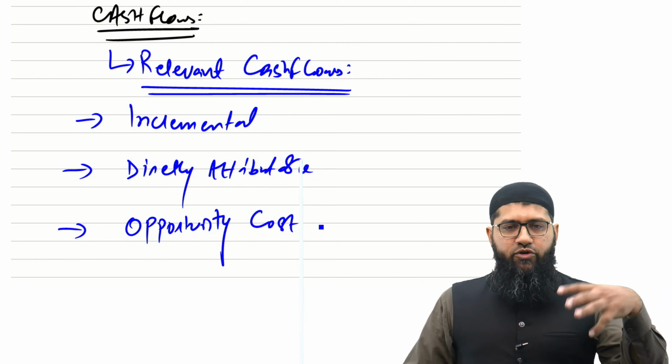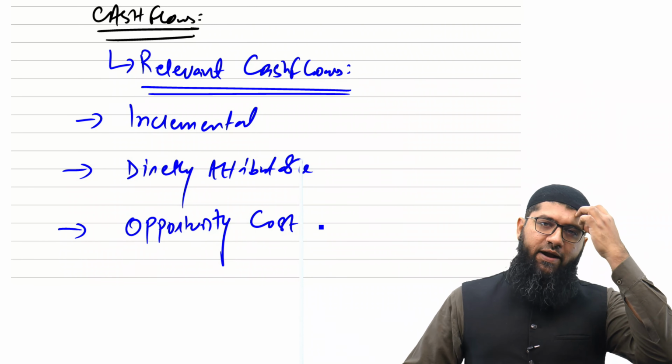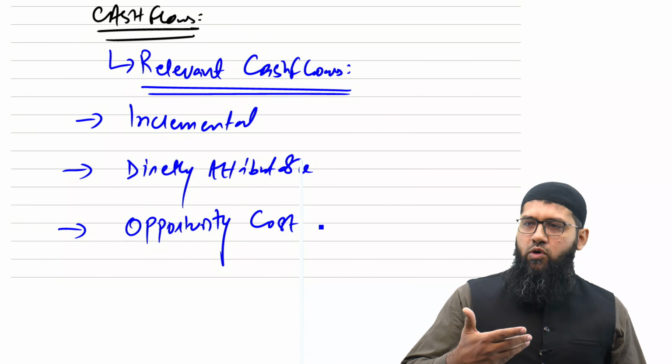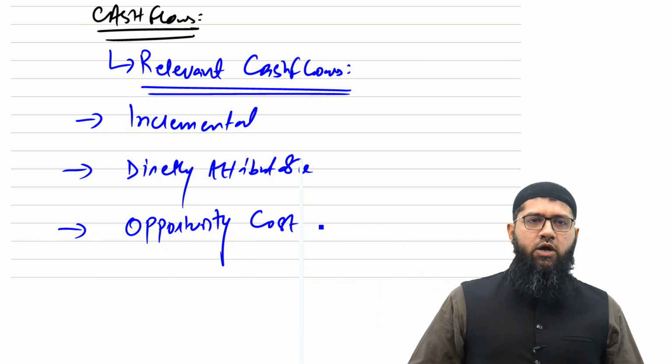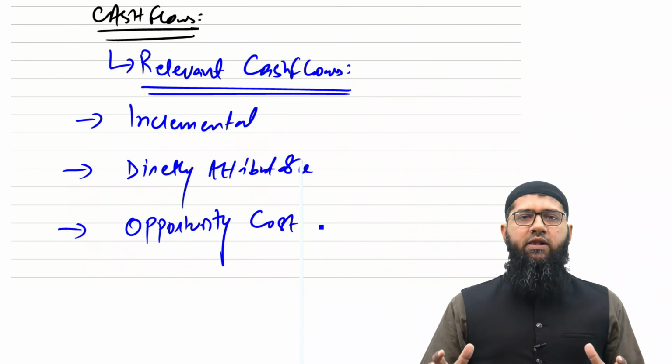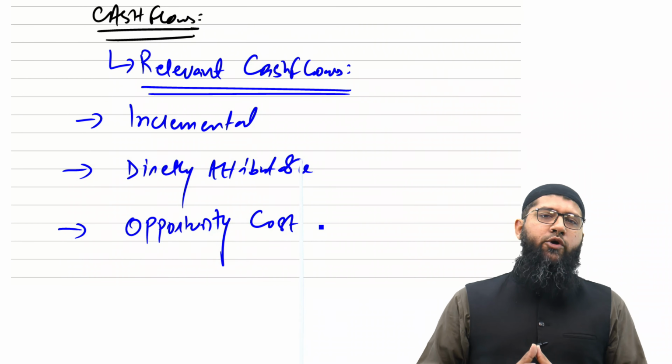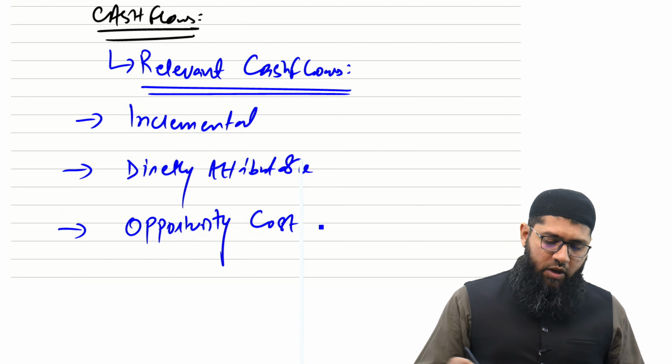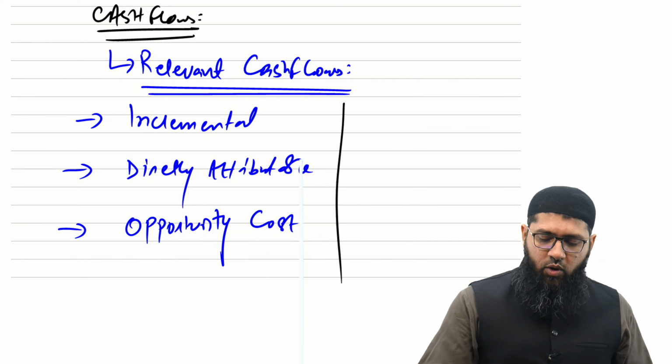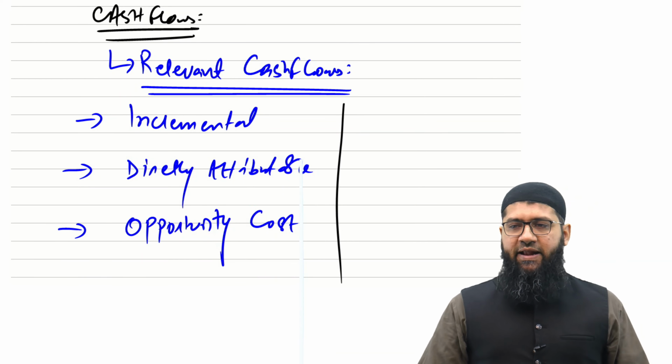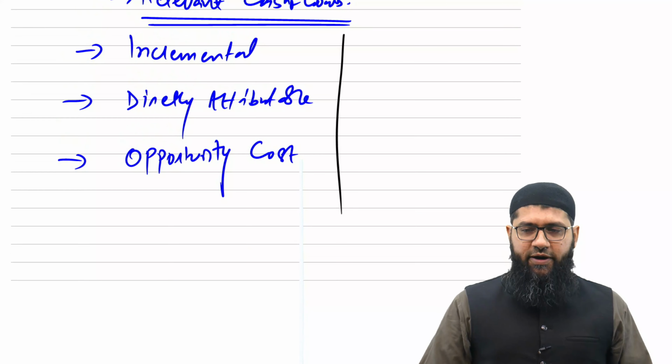Now you want to set up a plant in that specific premises, so you ask the tenant to vacate the premises. Whatever rental income you are going to be losing, that's going to be the opportunity cost, and it's going to be relevant for your project. So the relevant cash flows are incremental, directly attributable, and opportunity cost.